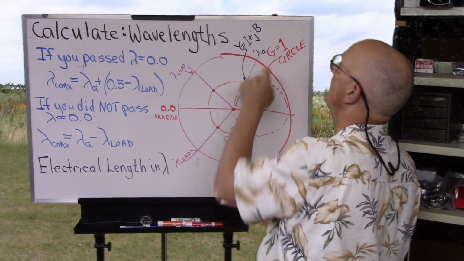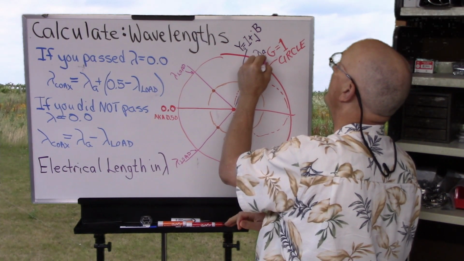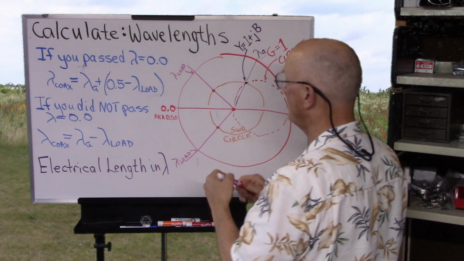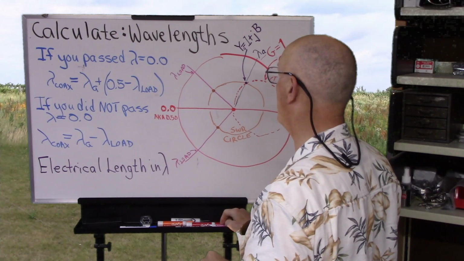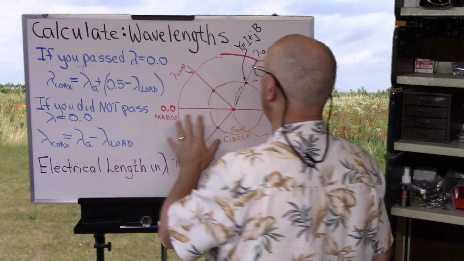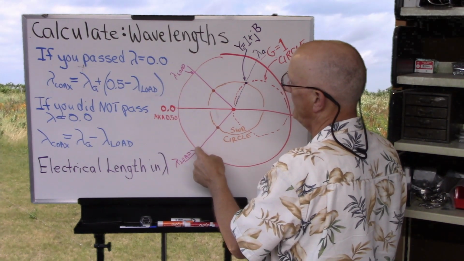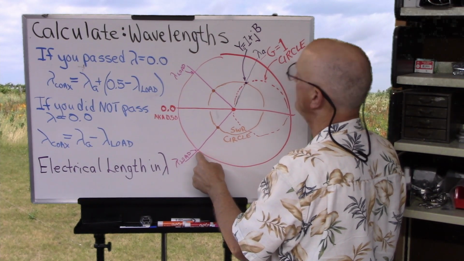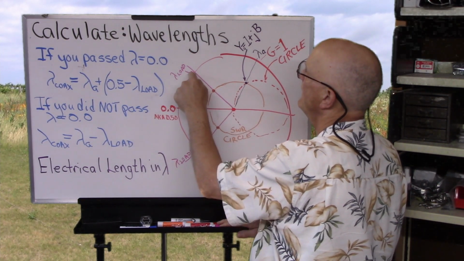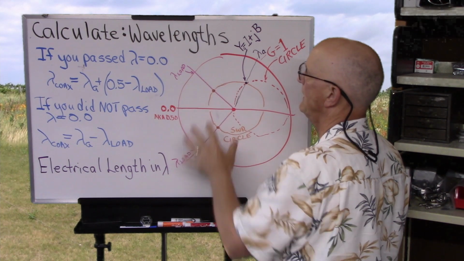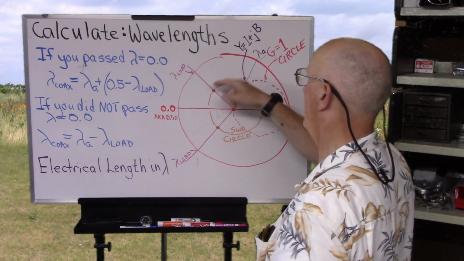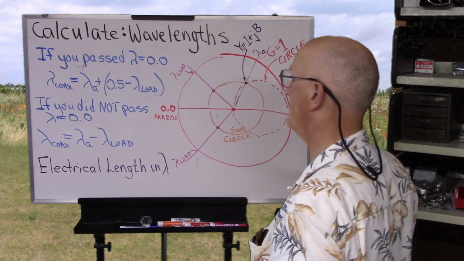So we have a value for lambda sub A. We have a value for lambda sub load. And now what we need to do is find out what the distance is between here and here, or here and here, depending upon where our lambda sub load ends up.